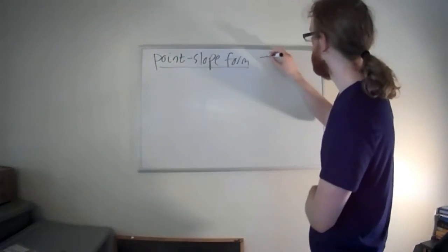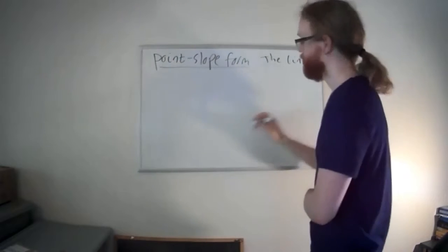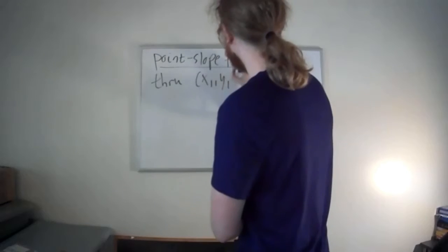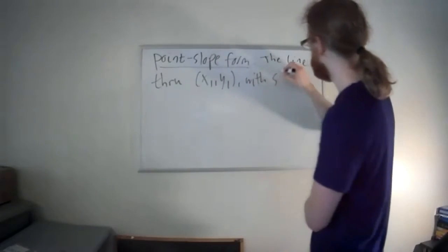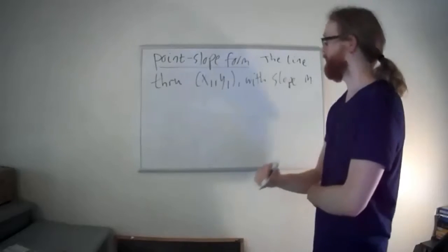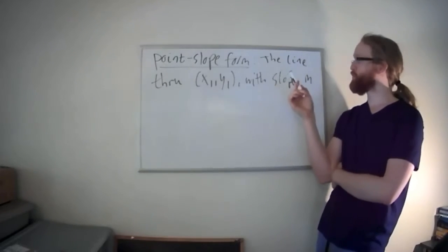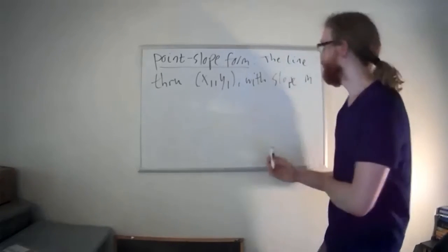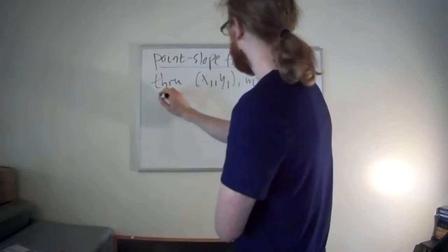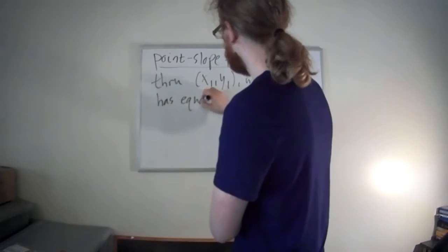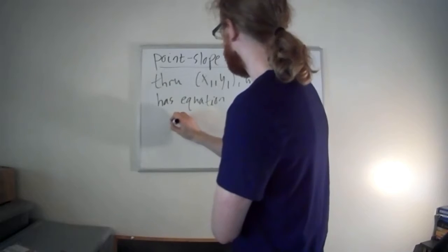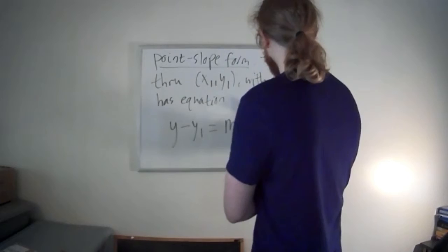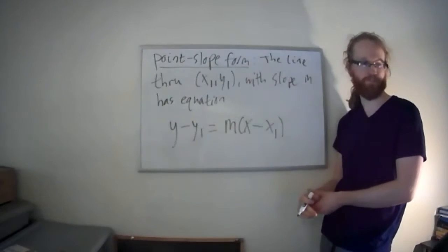This says that the line through the point x1, y1 with slope m, so to write down point slope form, I just need to know 1 point on the line and the slope of the line. Then I can write down the equation. It'll be y minus y1 equals m times x minus x1, like so.